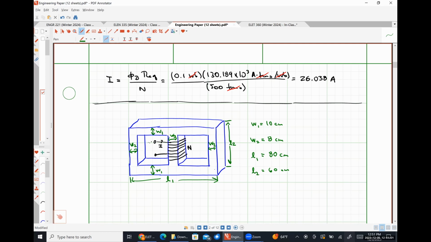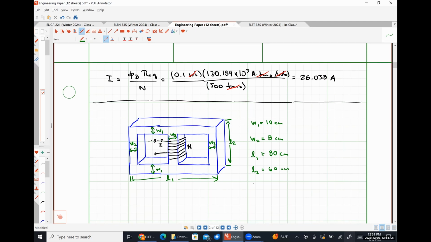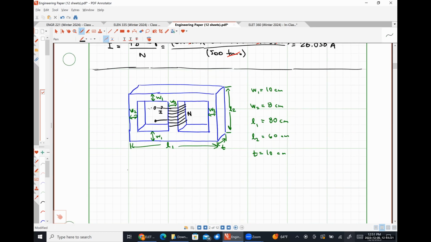All right, and our thickness T is going to be 10 centimeters. And for this particular magnetic circuit, I'm only interested in finding my equivalent reluctance.